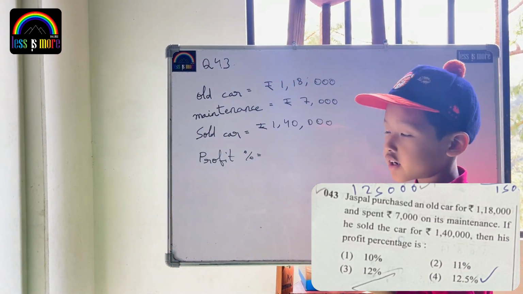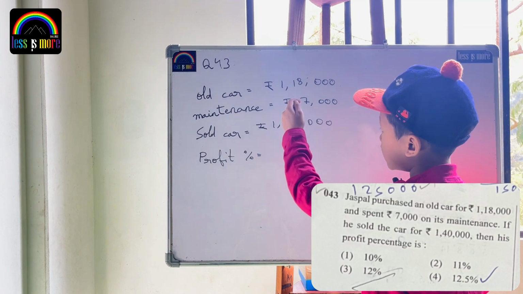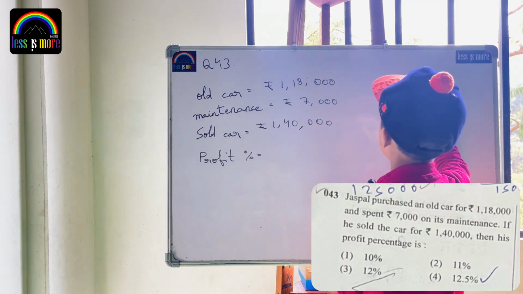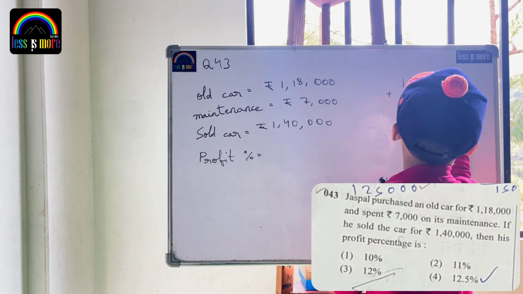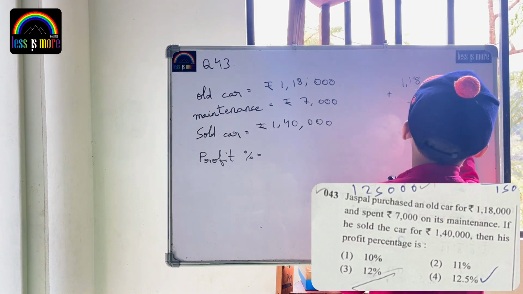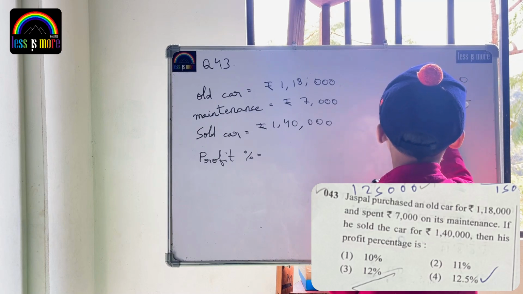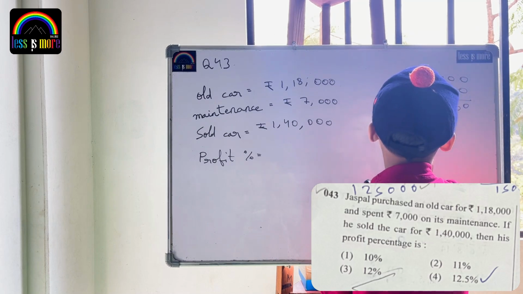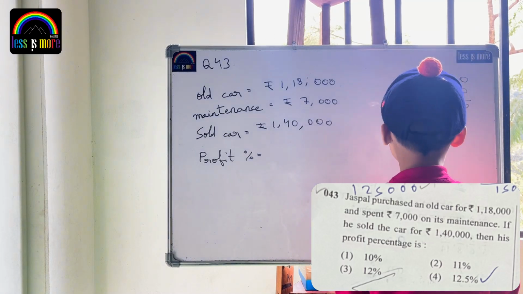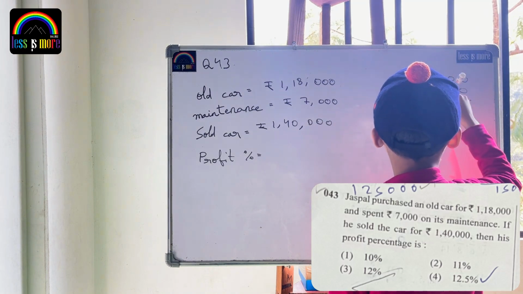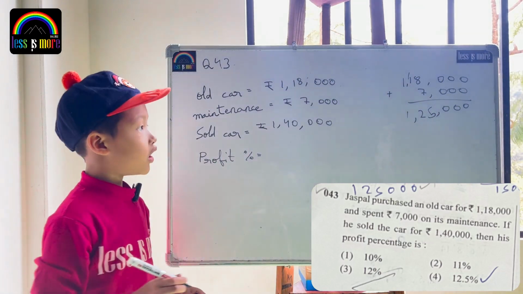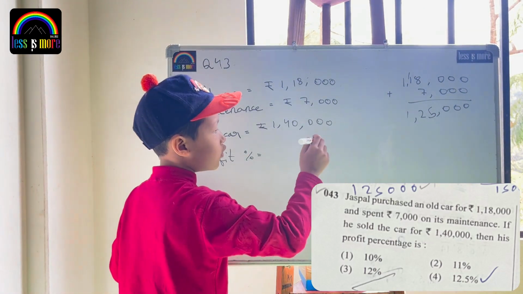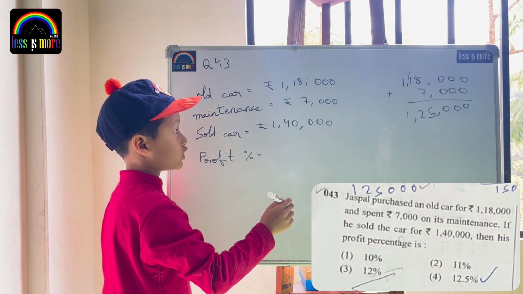So first we have to know how much money he used on the car. Then he used 1,25,000 rupees on the car.